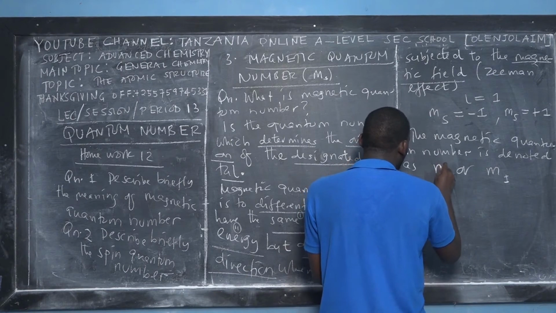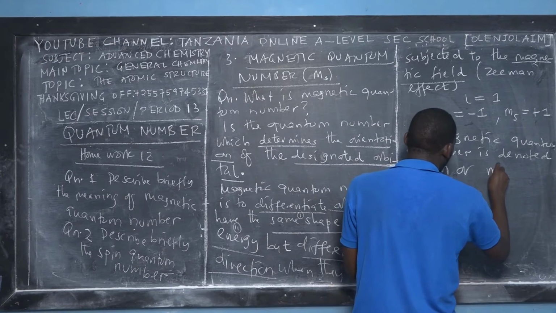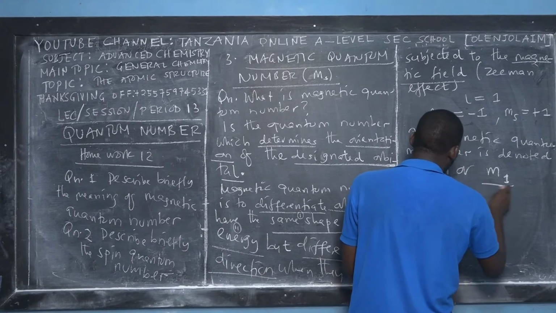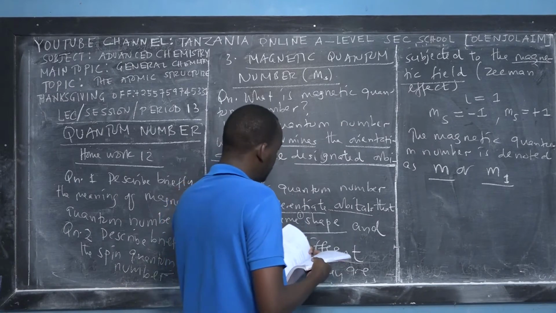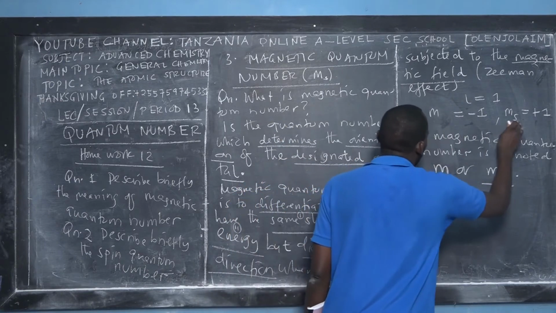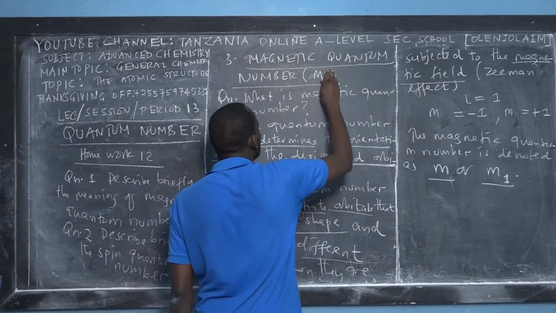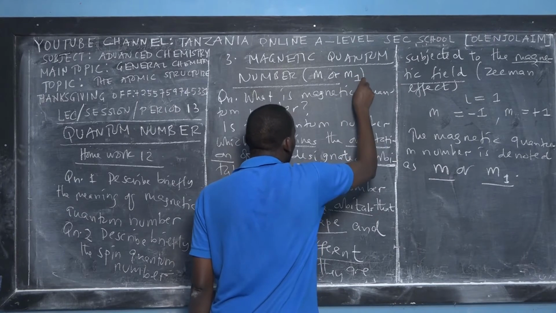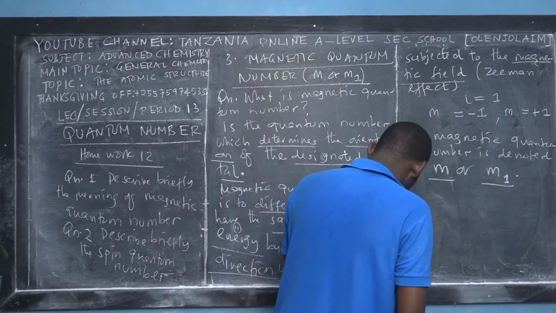So it might be m like this, or m like this one, right? So you have this m or either this one. That is the notation for magnetic, so here we don't have a subscript of s. Here we have lowercase m or m subscript l. That is the universal notation of the magnetic quantum number.